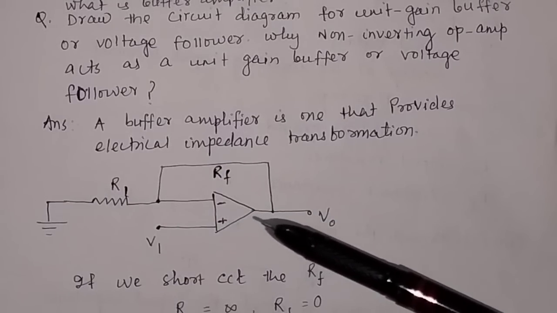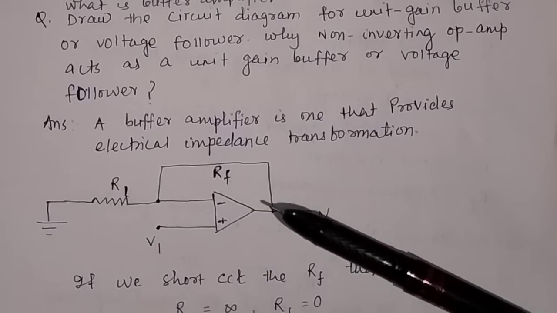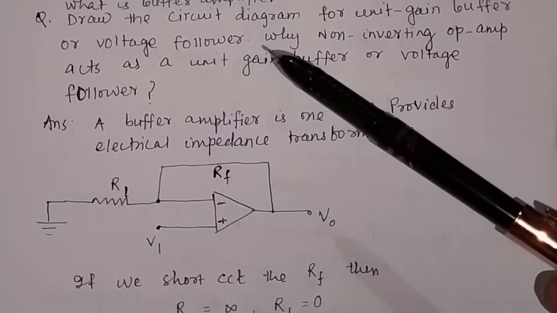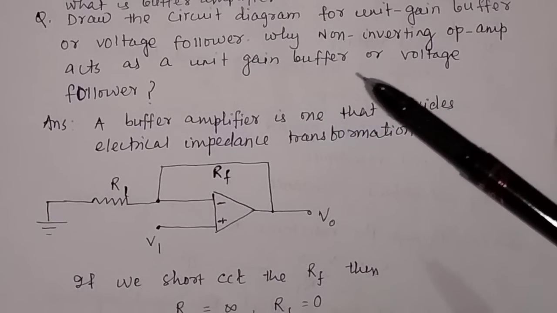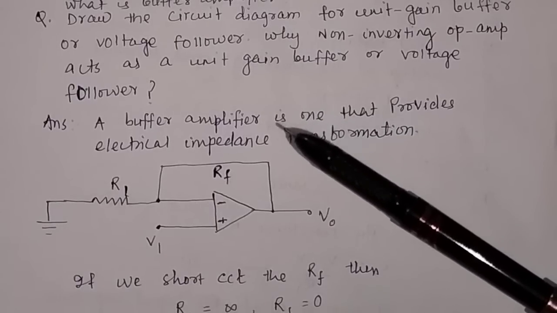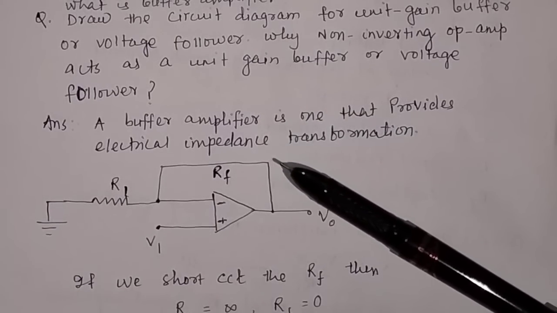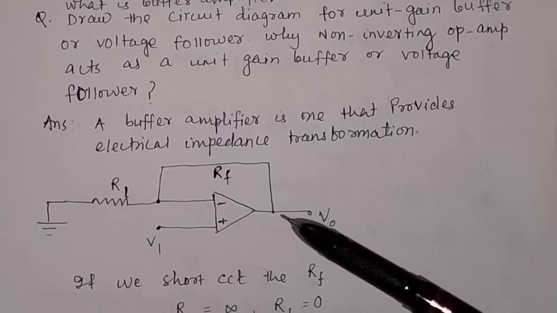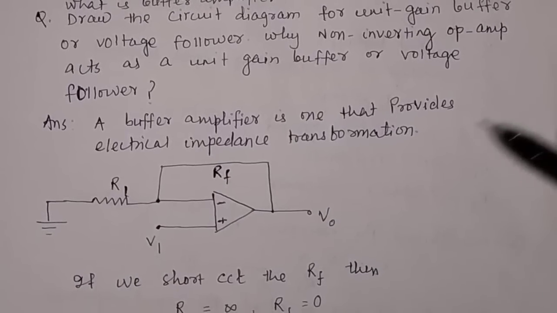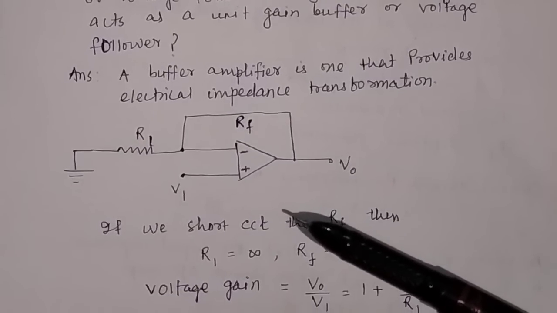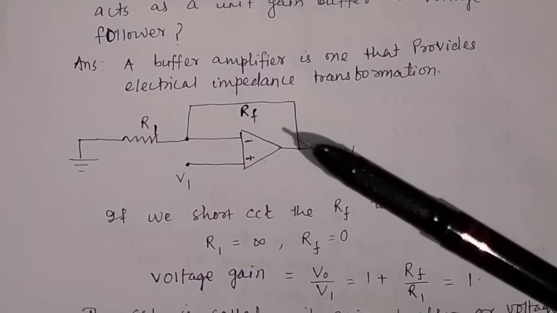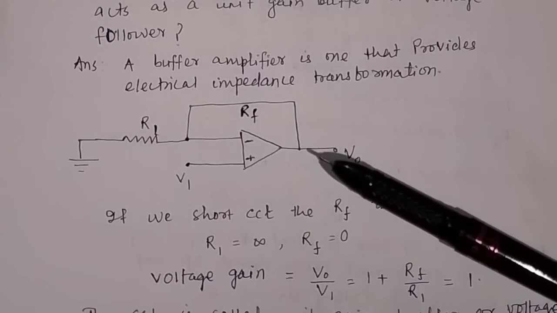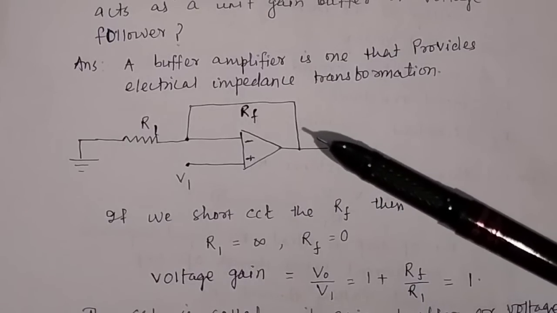If the input voltage is equal to the output voltage, there is no voltage transformation. Only you have a voltage follower, but there is transformation of impedance. So a buffer amplifier is one that provides electrical impedance transformation, and the non-inverting operational amplifier also acts as impedance transformation.